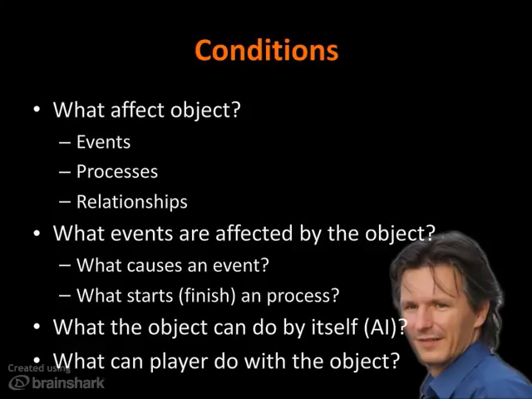For example, an object can be affected by the event. Or for example, an event can be triggered by the object or based on its attributes. Conditions also define how the object behaves and what the player can do with the object.